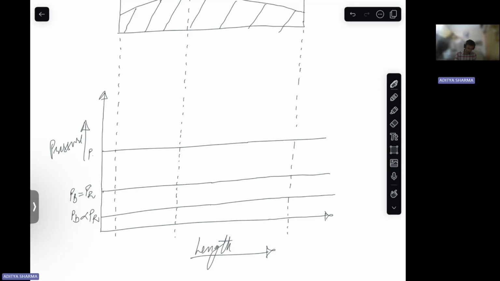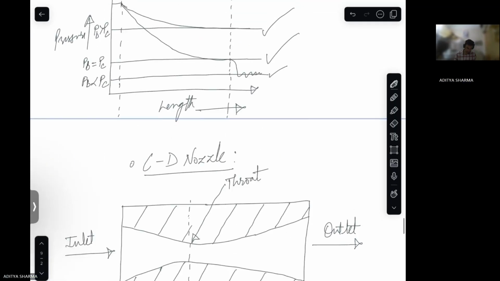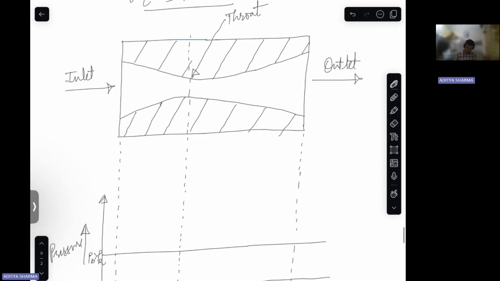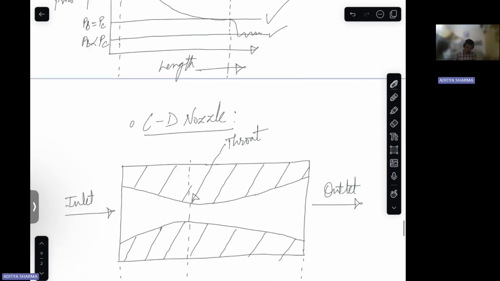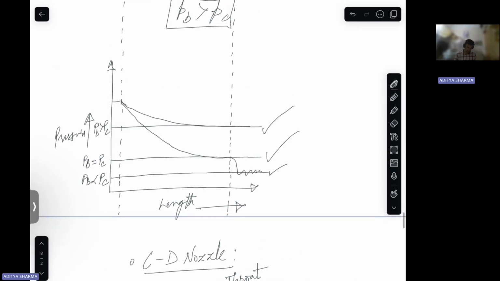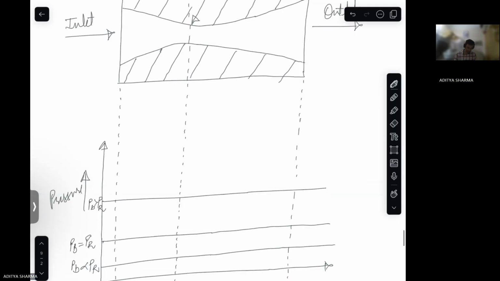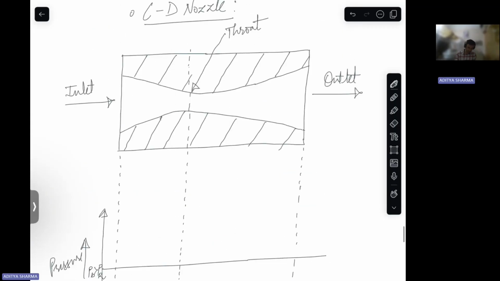Okay, so this is your PB is greater than PE. Okay, so here in the above case, we were using critical pressure in place of your exit pressure, because we were using section up to this only.